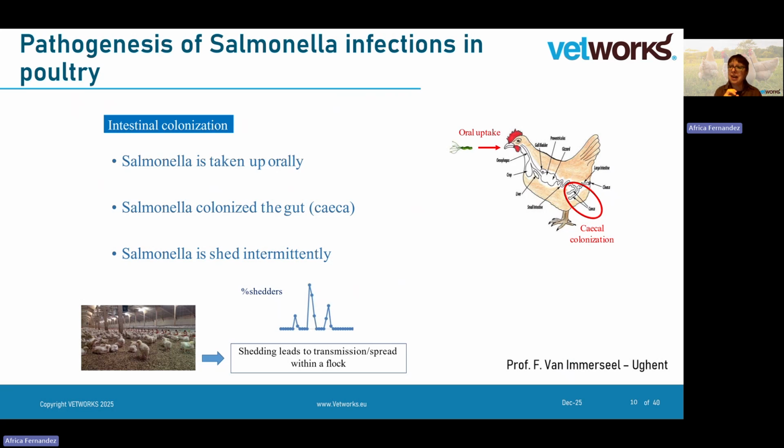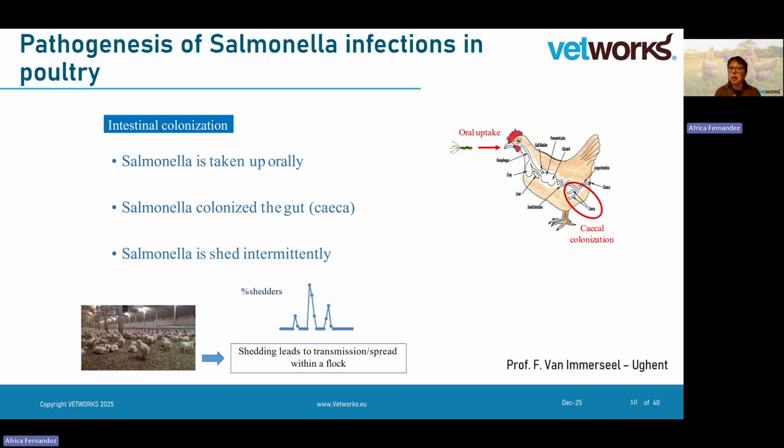The main area in the intestine where the colonization and multiplication happens is the ceca. And that's why the ceca is so important when we want to sample for Salmonella. It is a very important target.